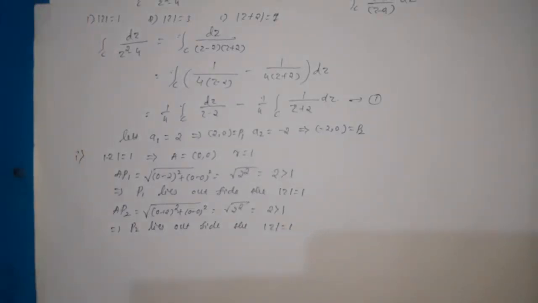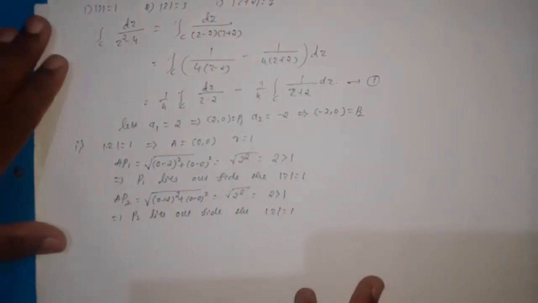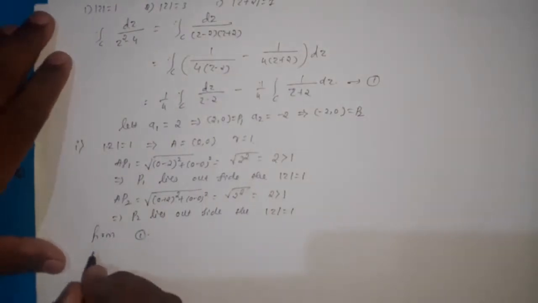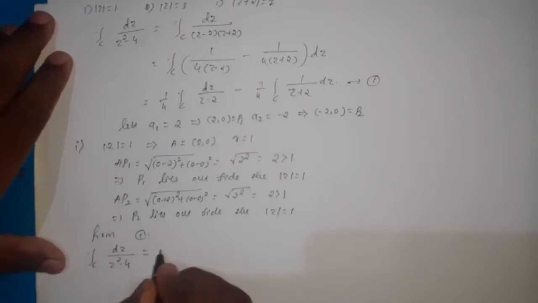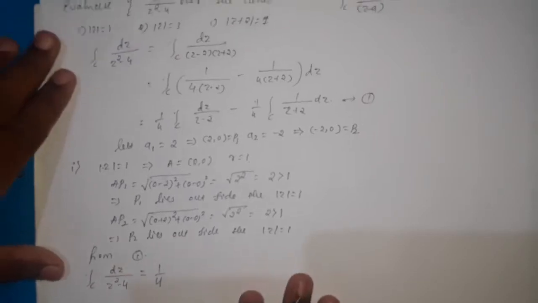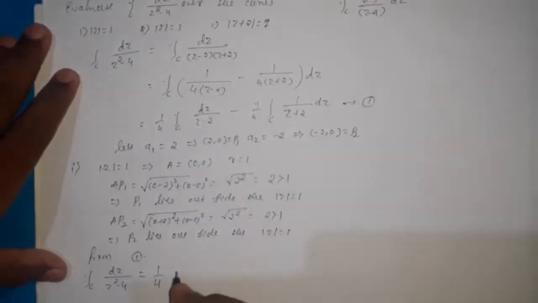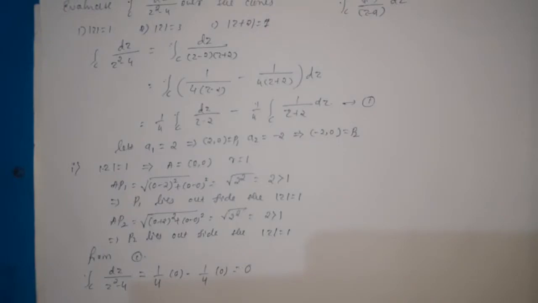So both the points P1 and P2 lie outside the circle. Therefore from equation 1, integration over c dz upon z square minus 4 is equal to 1 divided by 4 integration over c dz upon z minus 2, the point lies outside the circle, so its value is 0, minus 1 by 4 into 0. Therefore the total value of the integral is 0 here, since both the points lie outside the circle.